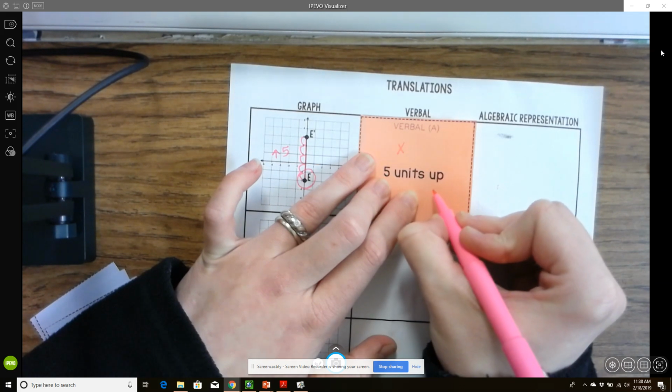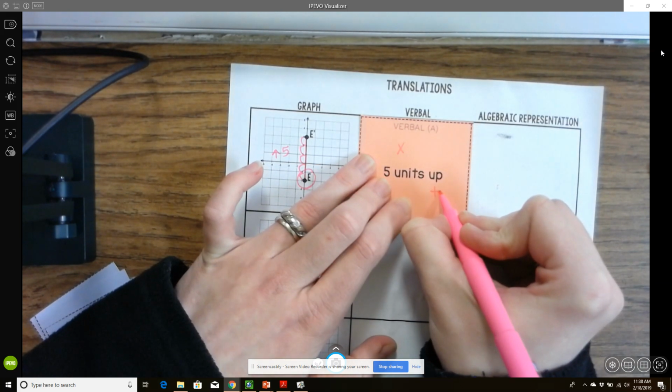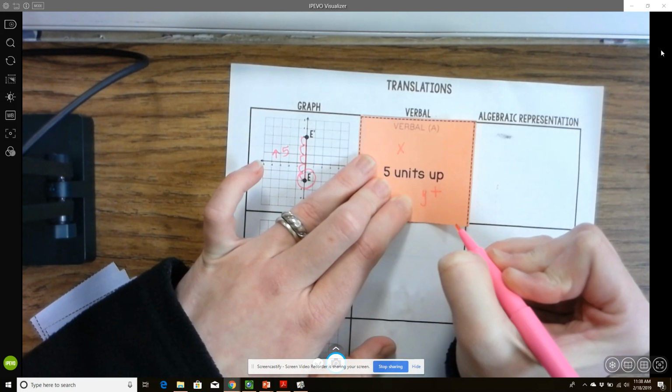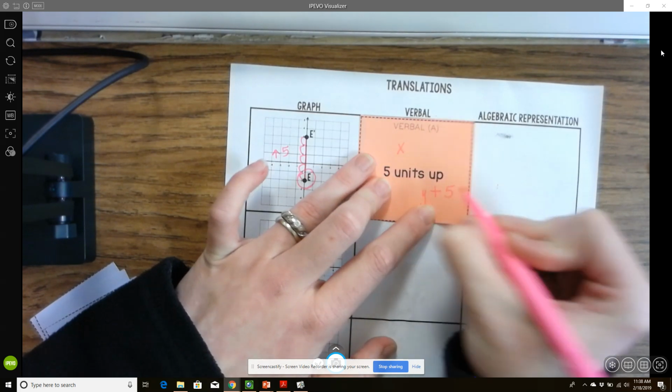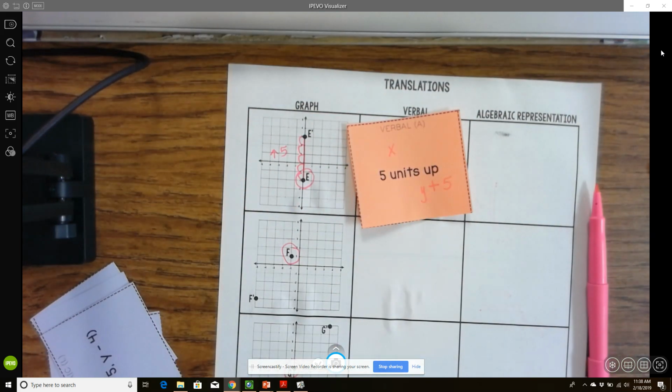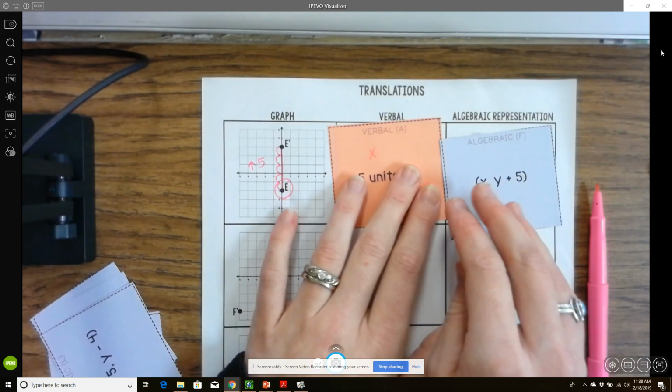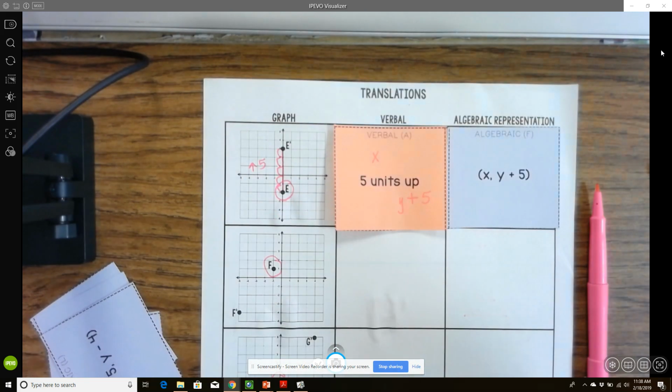But if I'm going 5 units up, up is add. Up is also talking about the Y. So I'm looking for a card that has just the X and then just something being done to the Y. So those would be the 2 cards that would go there.